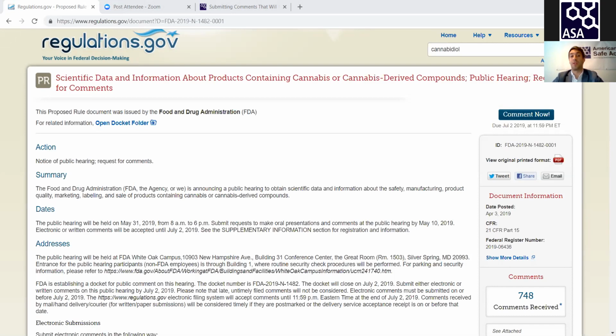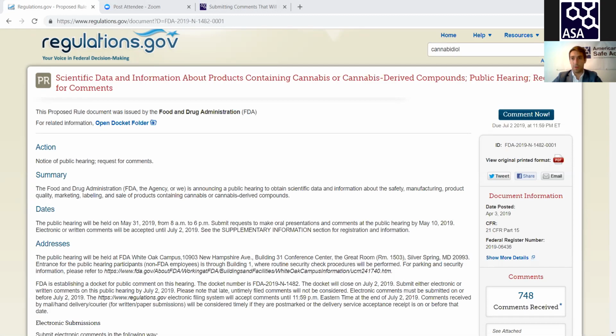It's really important to include this docket number as part of your comment. We have a blog up on our website that's basically step one of what to do. No matter what you're going to say, you're going to want to include this number just in case for whatever reason it gets sorted in a strange way. This is how the FDA will index the comments for this notice.